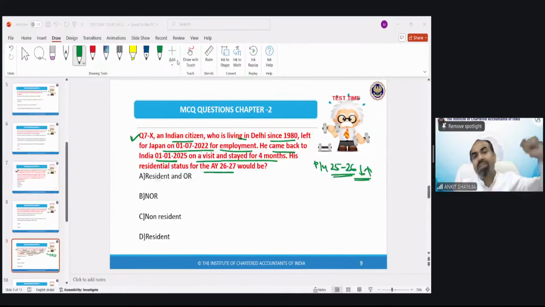Now a person who is residing in Japan, he comes to India. He's a citizen just for visit. So the first condition of 182 days would apply and he does not fulfill that. So non-resident is the correct answer. Got it, everyone? Special condition. Technically, it's a B2 condition.